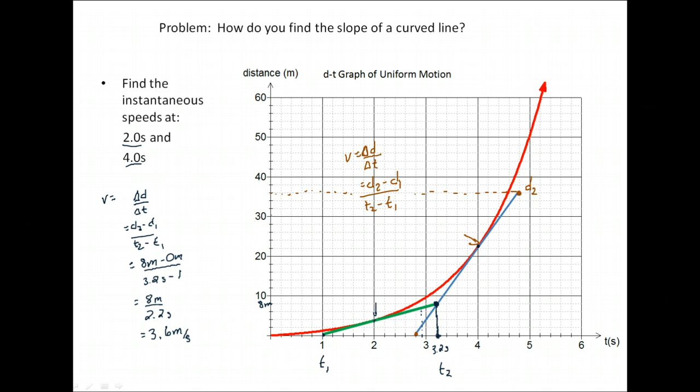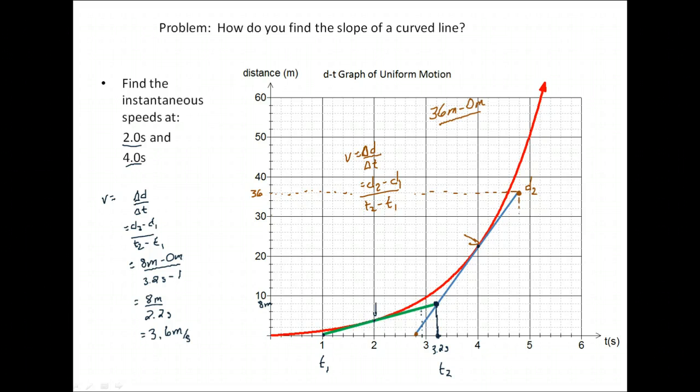So 30, 32, 34. My d2 is 36 meters. I'll just continue that up here. 36 meters. My d1, so I continue the line down. If I wanted to, I could have picked it here. That's another point I could have used, since I know both values, but I just continued it down. And my distance, when I'm at this point I look across, is 0 meters.